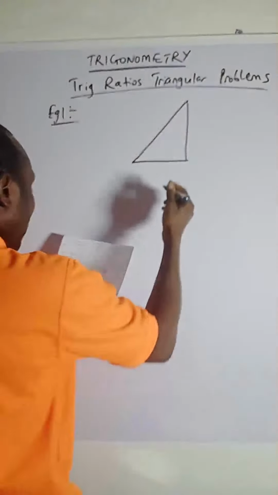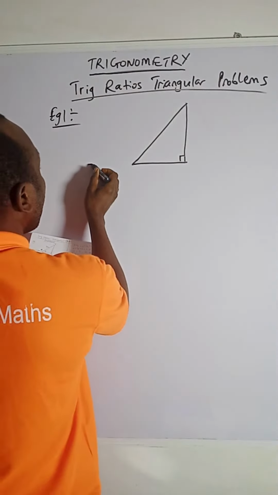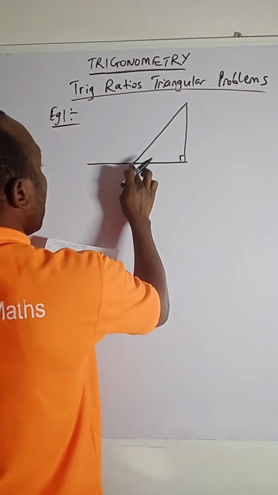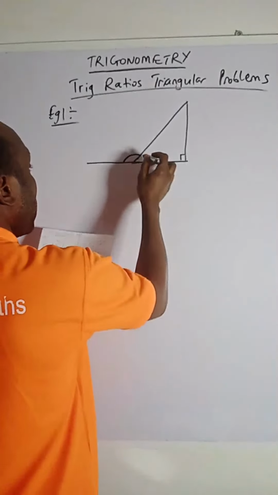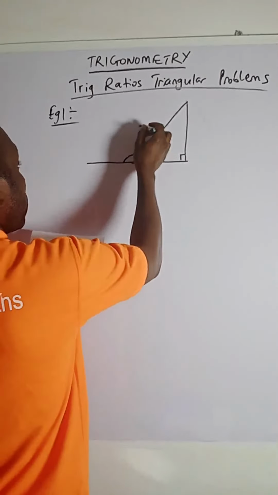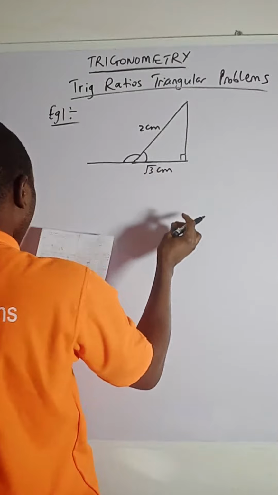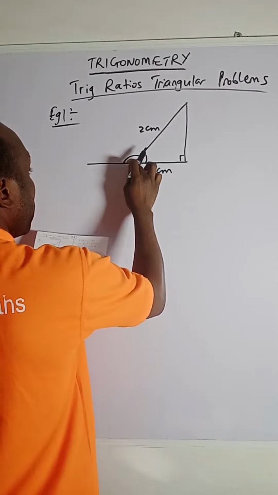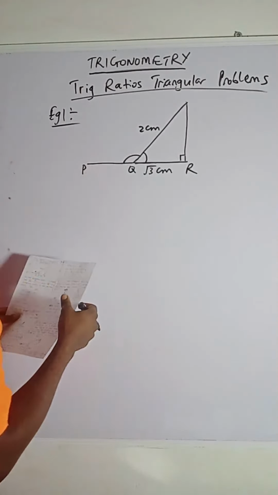That is a right angle triangle, and this is an extension of one of the sides, as you can see clearly. So this is an angle, and this is another angle. This is 2 centimeters. This is √3 centimeters. This is Q, and this is R, P.